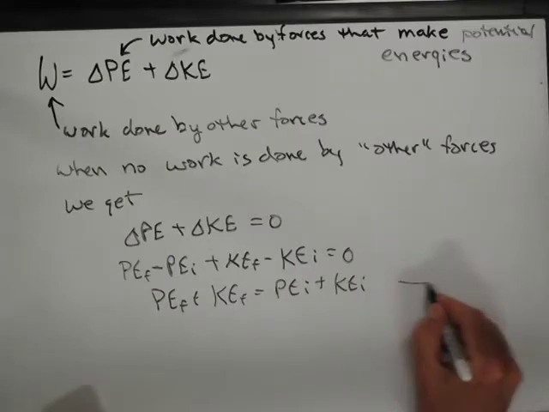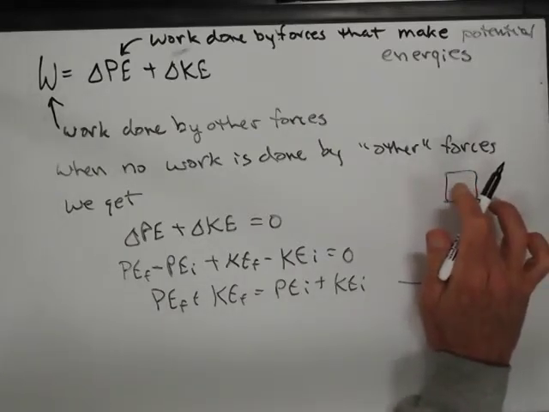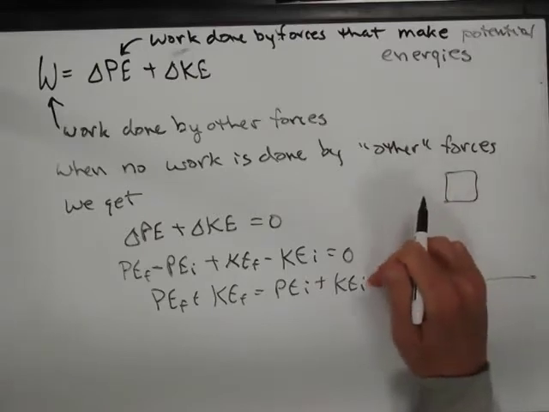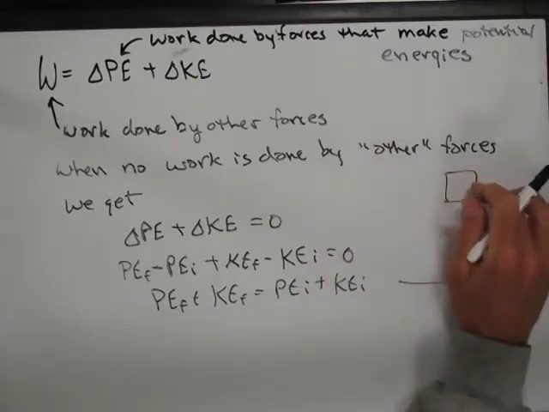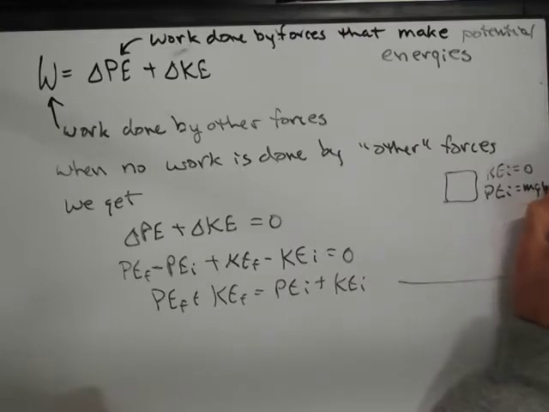And so, like when we were dropping the box earlier, when the box is first released, it's got no kinetic energy, and all of its energy is potential energy, right? Here I can say kinetic energy initial equals 0, potential energy initial equals mgh.